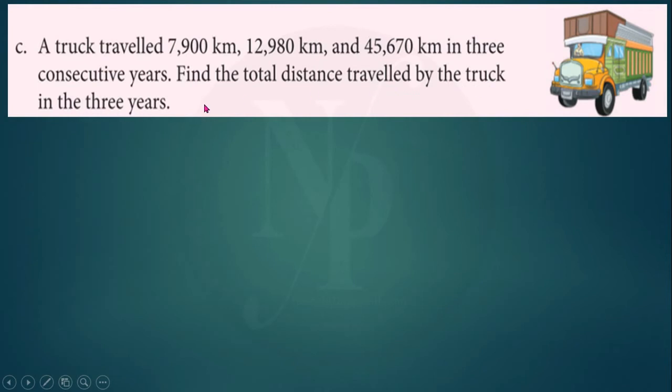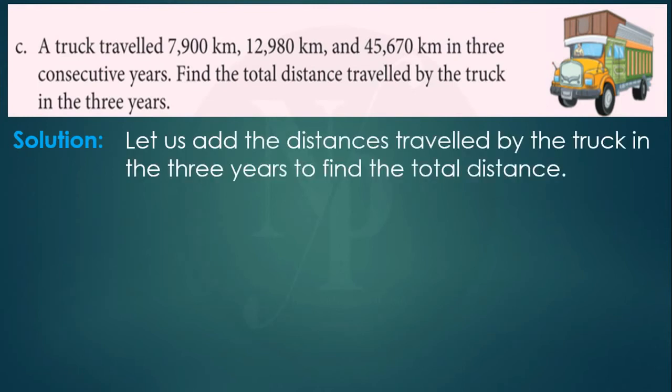Here the distance travelled by a truck in the 3 consecutive years is given. We have to find the total distance travelled by the truck. Solution. Let us add the distances travelled by the truck in the 3 years to find the total distance.